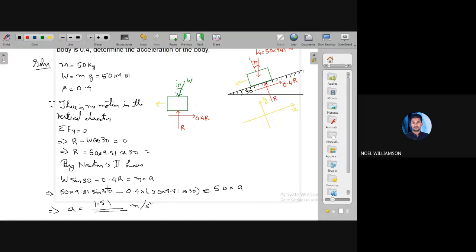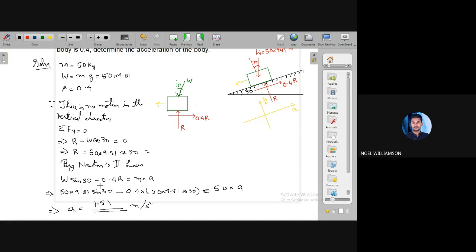Shall we move to the next question? You have to get the value of acceleration as 1.51.